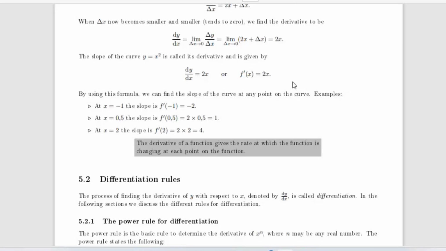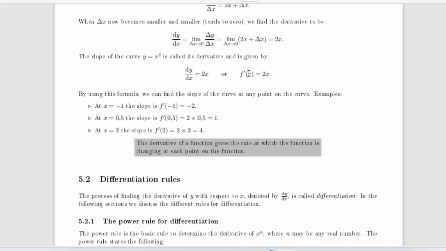You see here, do you see this f prime of x? F prime of x equals 2x. So now, f prime of -1: in this x you will put -1.